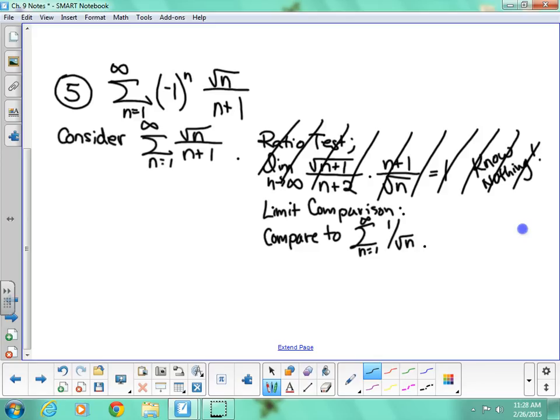Limit comparison, I take limit as n goes to infinity of, which way does it go? The one that's given over the one I choose, or the one I choose over the one that's given? What goes on top? I have a sub k and b sub k, a sub k over b sub k. I think it's the real one, right?